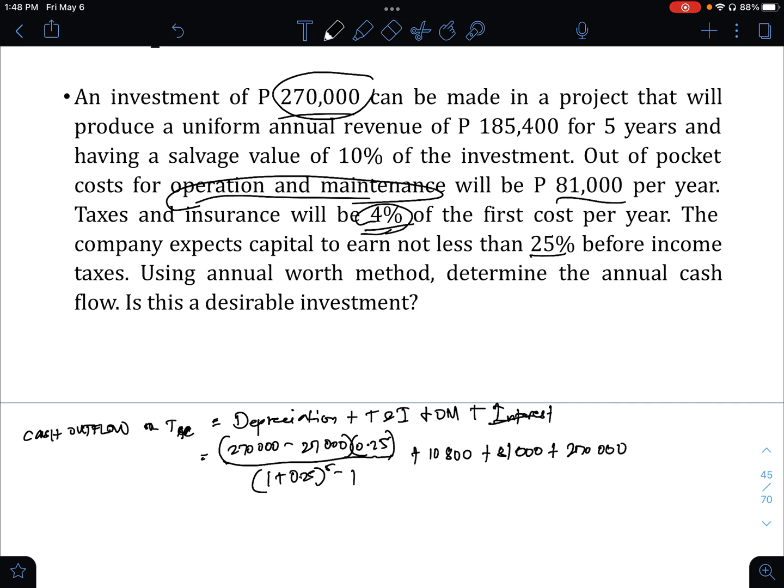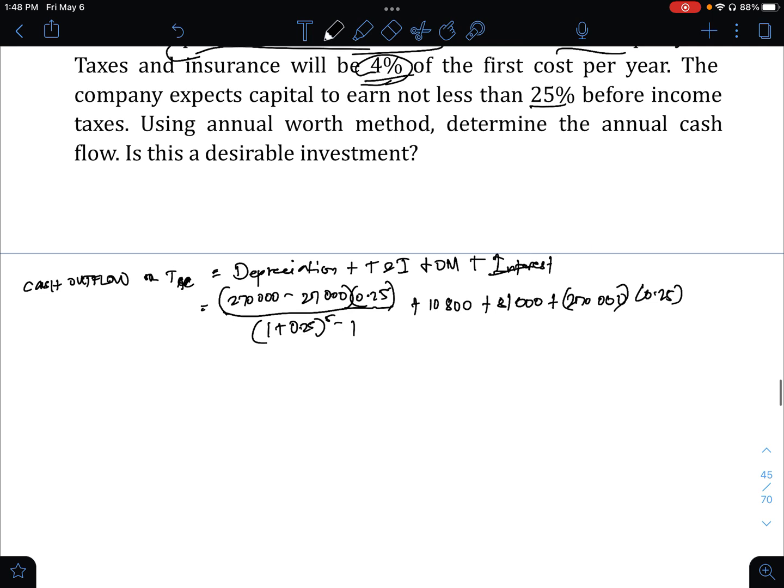So 270,000 times 0.25. Okay. So if we are going to calculate this, the cash outflow or the total annual cost is 188,908.76. Okay? So, that is the cash outflow.